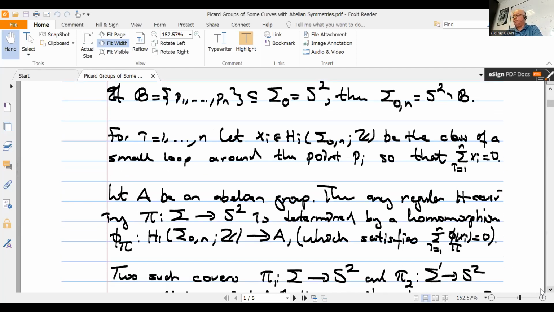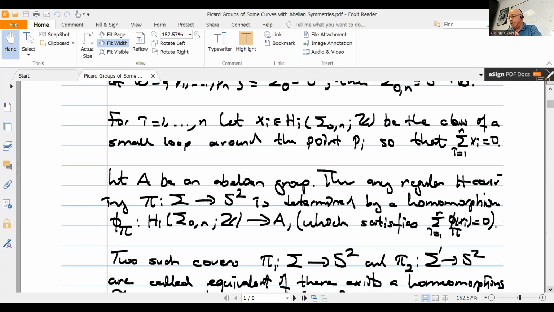And then whenever we have an abelian group, in this case it will be mostly a finite abelian group, but in general it can be any abelian group, we may define a covering space corresponding to a homomorphism defined from the homology H1 into the abelian group.